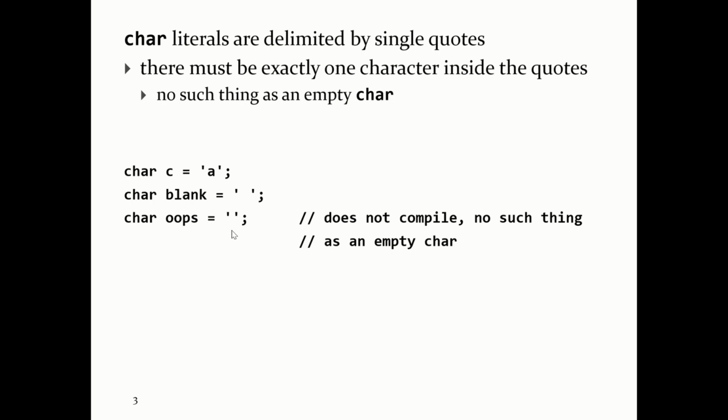You can't do that in C either. It doesn't work. There's no such thing as the null char literal, for example. There has to be one character in between the single quotes. There can be more than one, but if you're putting in more than one, then you're putting in some sort of special character, and I think I'll explain how to do that in a later slide.